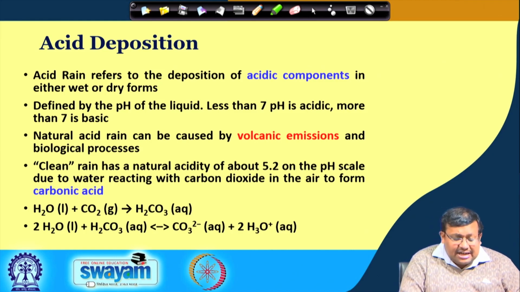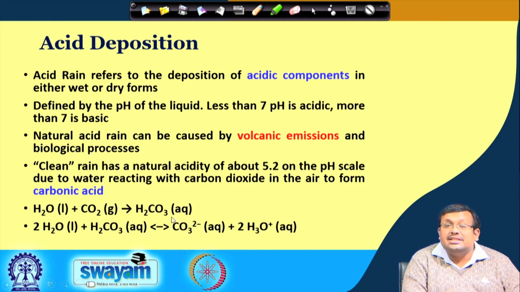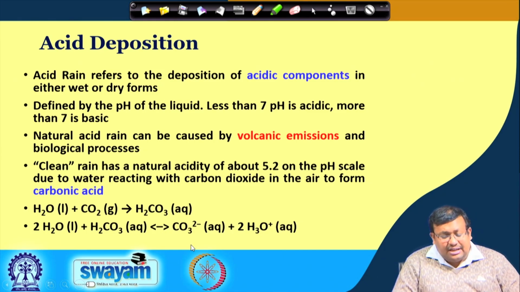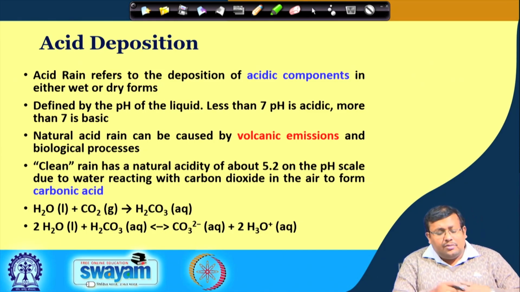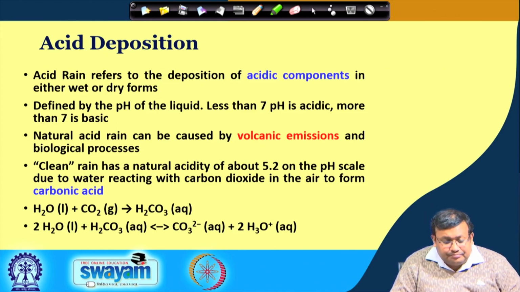So, this is how carbonic acid is formed: water reacts with carbon dioxide to produce H2CO3 or carbonic acid, and this carbonic acid further reacts with water to produce carbonate ions as well as hydronium ions.